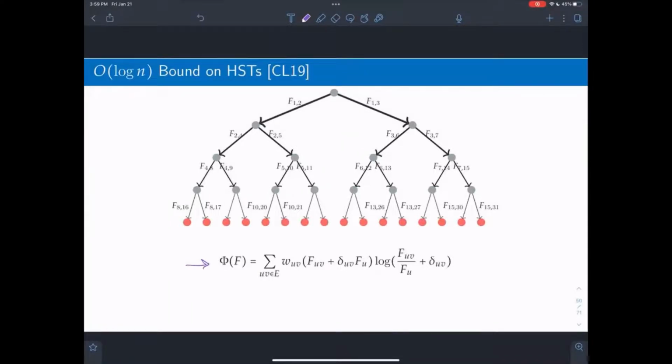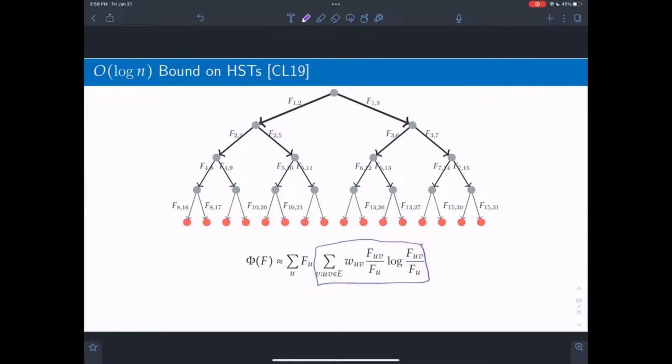So to make sense of this regularizer, maybe let's first forget about these delta values and also rearrange the terms. So what you would get is essentially a weighted sum of... if you look at this thing, this looks very similar to what we had for the case of the weighted star.